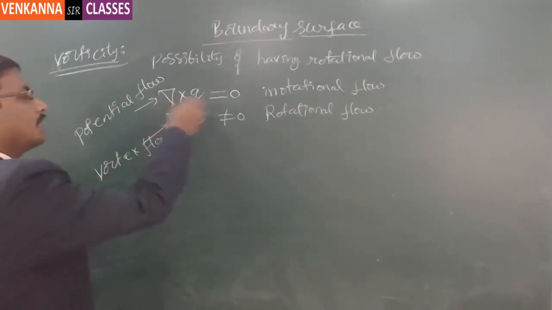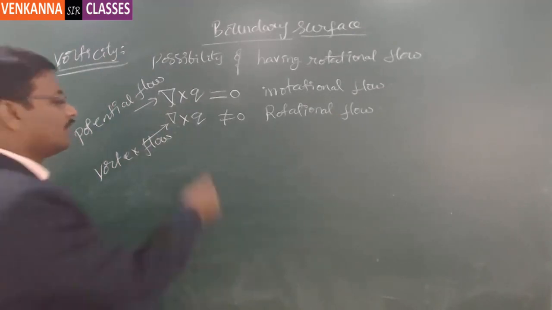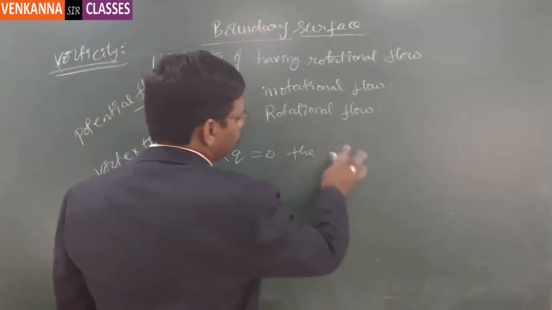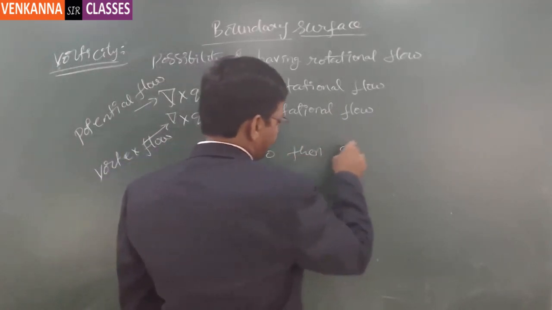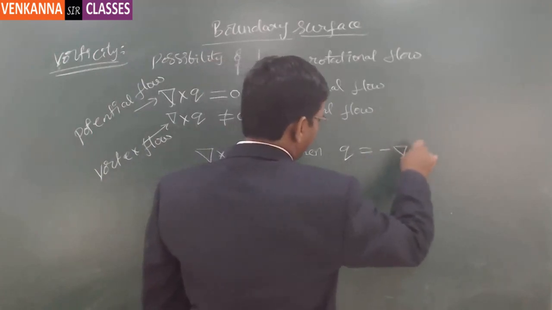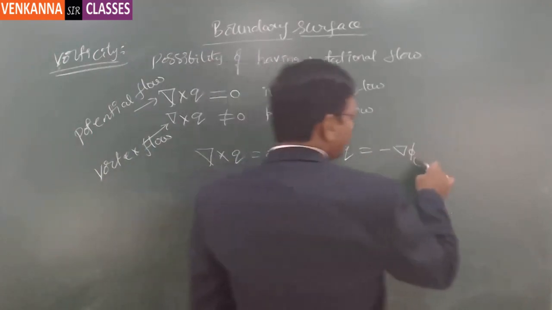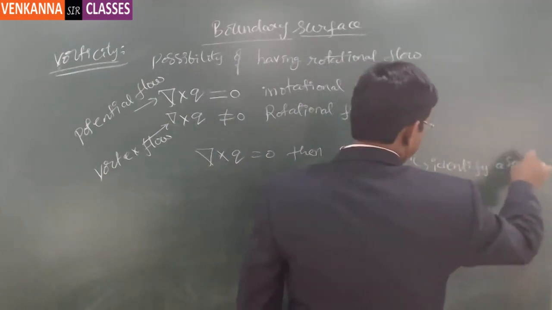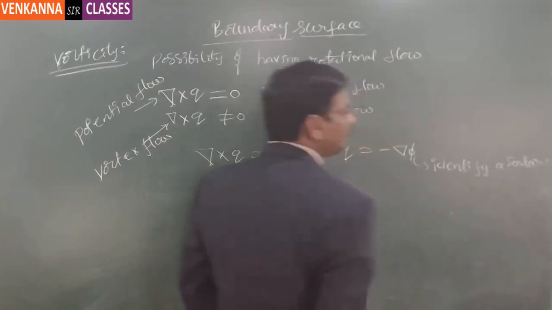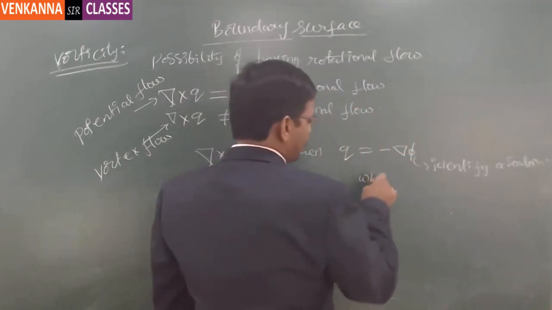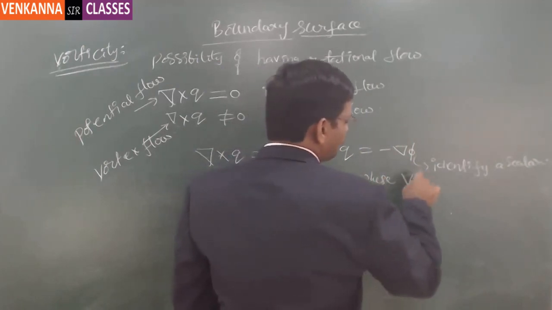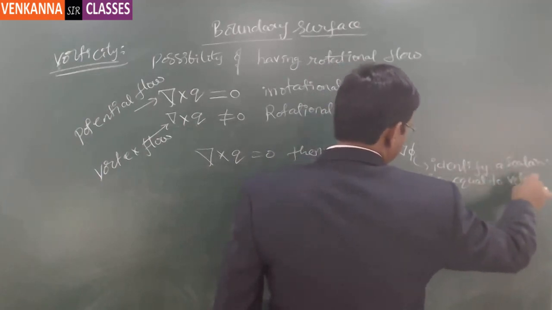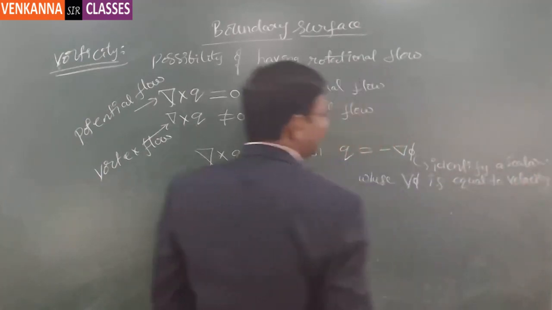So this is del cross q equal to 0. As per the vector identity, if del cross q is equal to 0, then q can be expressed as minus del phi, as I explained earlier. So you can identify a scalar whose del phi gives the velocity.